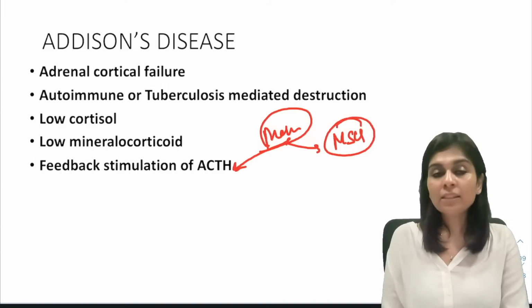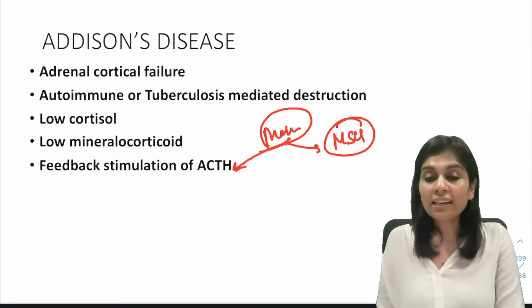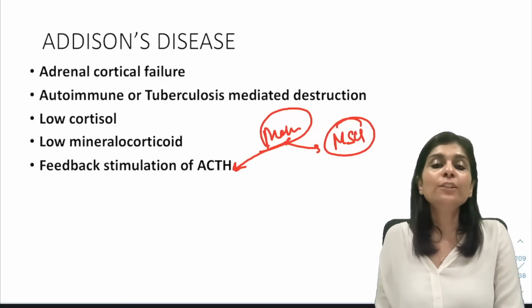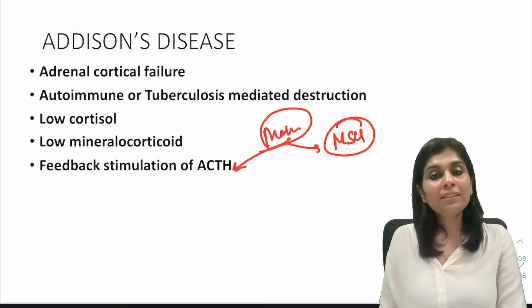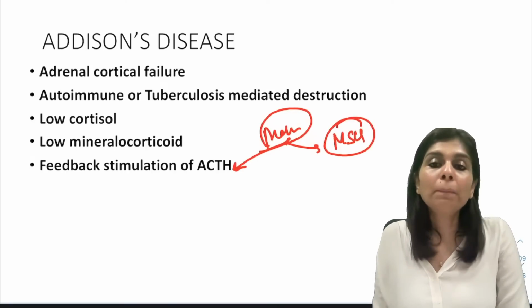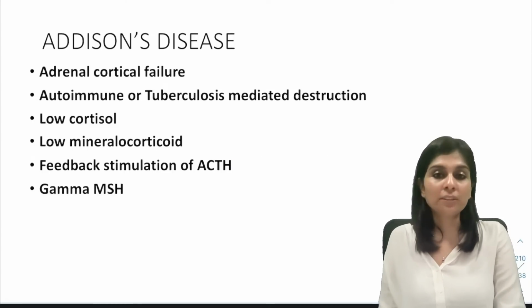This MSH is the reason for hyperpigmentation. So tell me, why is an Addison's patient always hyperpigmented? Because there is low cortisol, there is feedback stimulation of ACTH. ACTH release is always accompanied by gamma MSH, which causes hyperpigmentation.